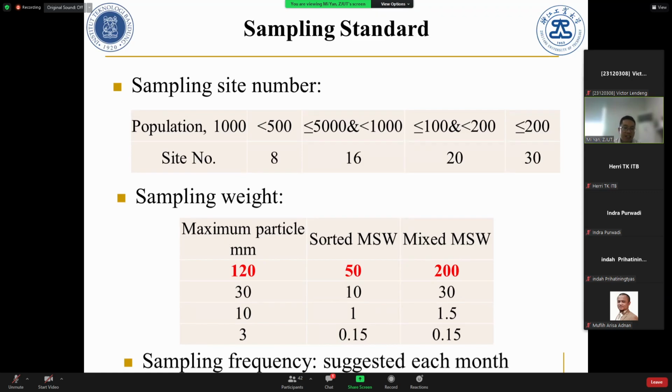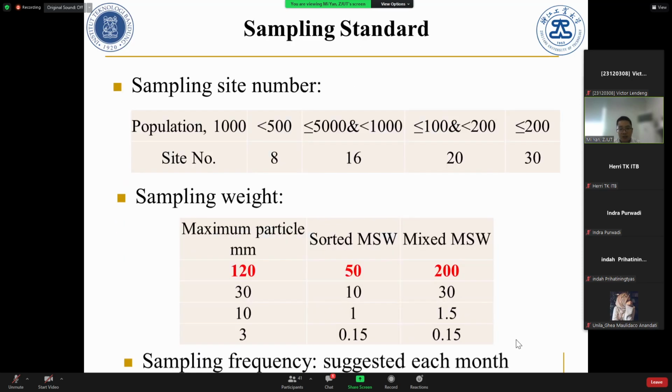If the particles are huge, then we should sample more MSW. Usually it is 200 kilogram. Oh, sorry, I forgot the unit: kilogram. The standard also suggests a sampling frequency of each month.